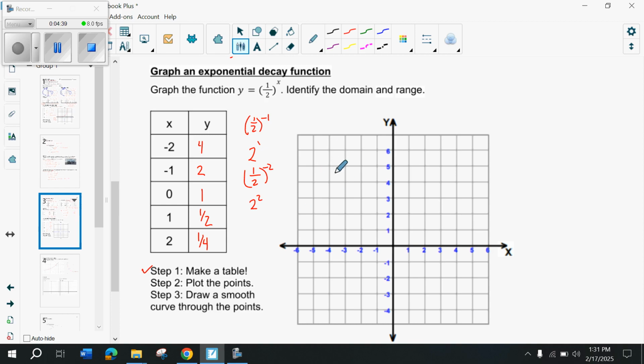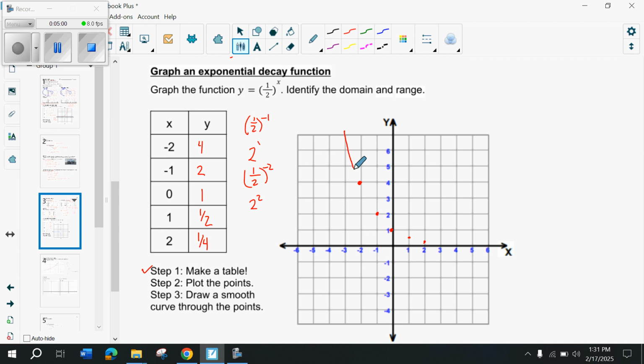So now that I have this, I can see when x is -2, y is going to be 4, so it's going to be that point right there. When x equals -1, y equals 2, it's this point here, 0, 1. When x equals 1, y is 1/2, and then 1/4 is going to be right about here.